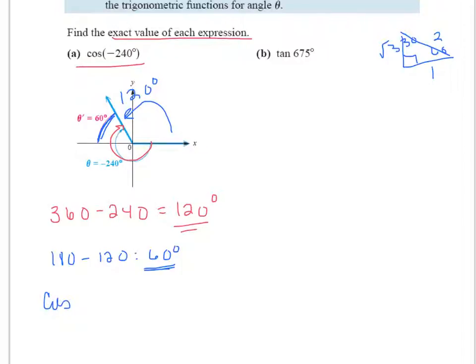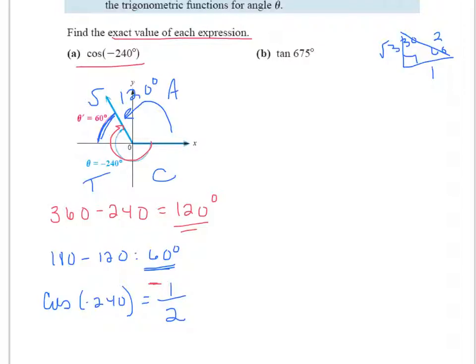So cosine of negative 240 is the same thing as saying cosine of 60, and it's going to be 1/2. It's adjacent over hypotenuse. And now remember, it landed in quadrant 2. So, a smart trig class, is the sign supposed to be positive or negative? It's supposed to be negative. So we're finished with that one.